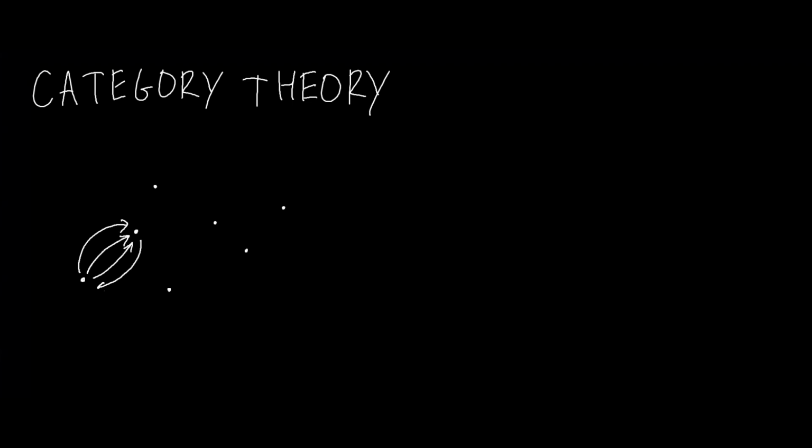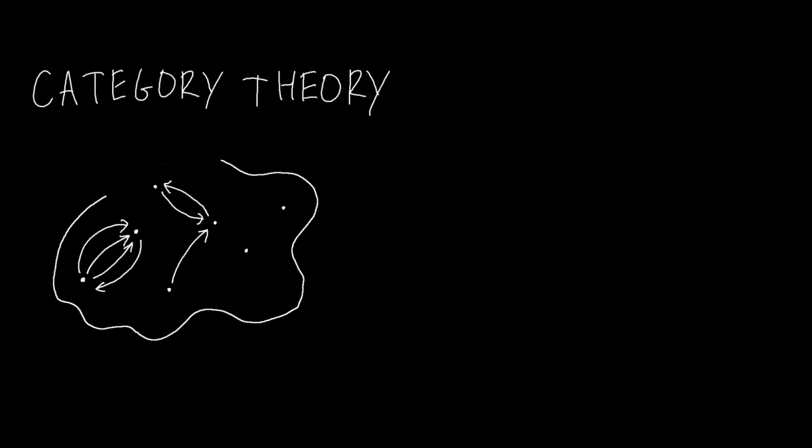There could be arrows in various directions, and there could also be several arrows connecting the same pair of objects. So this group of objects and morphisms is what we call a graph.